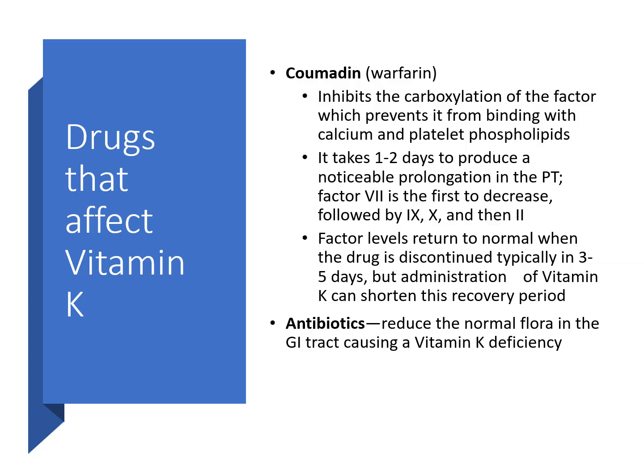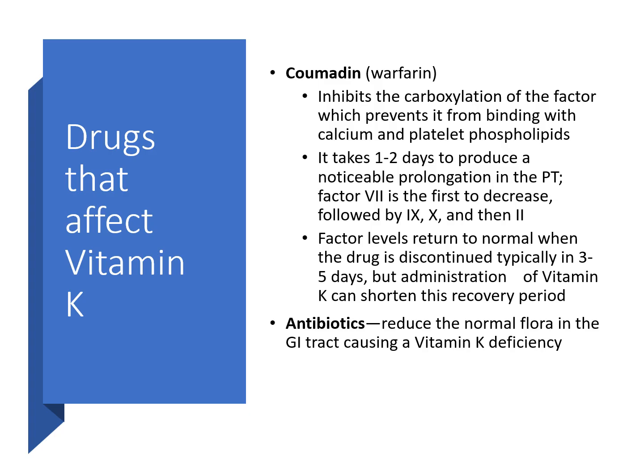It takes about 1 day to 2 days to produce a noticeable prolongation in the PTT, and factor 7 is the first to decrease. Now, I will tell you that factor 7 is the first factor to decrease, but we have other components that are also a part of our fibrinolytic system that regulate hemostasis.